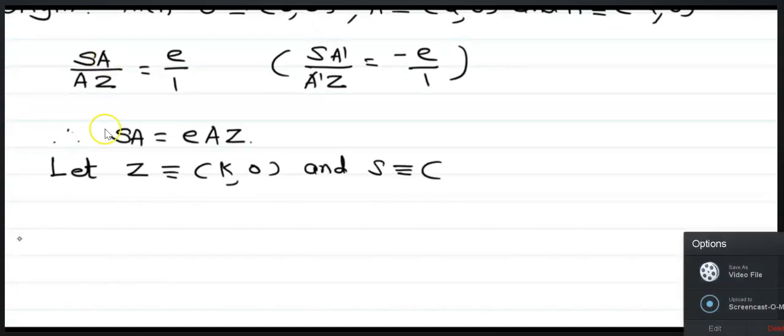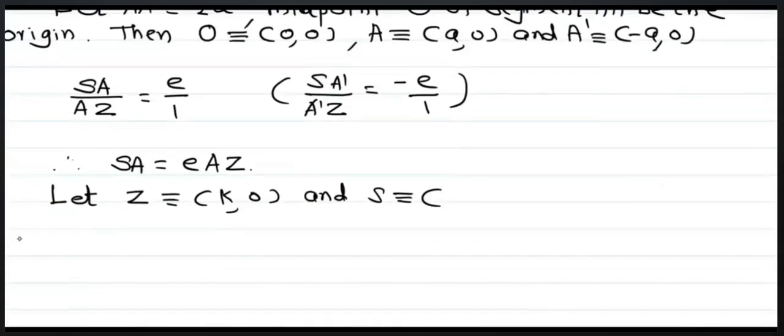Now in this case, SA equals e into AZ. Let Z be (k, 0) and S be (h, 0).